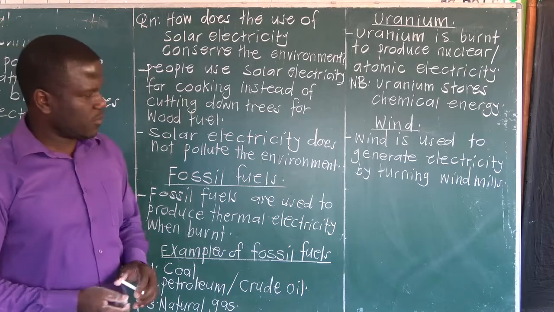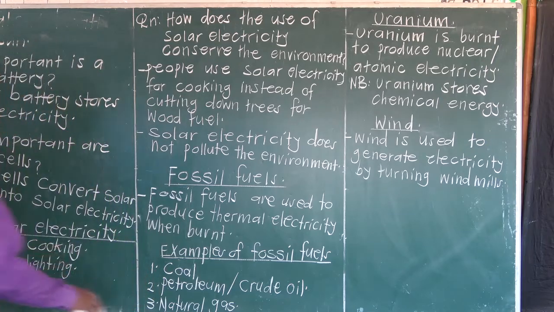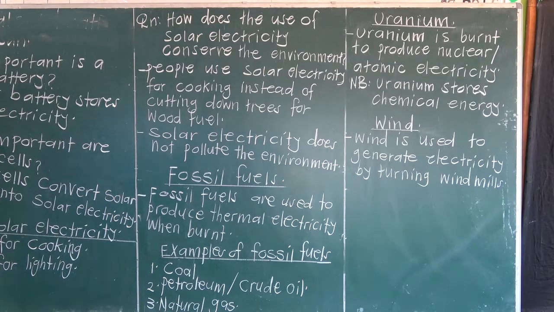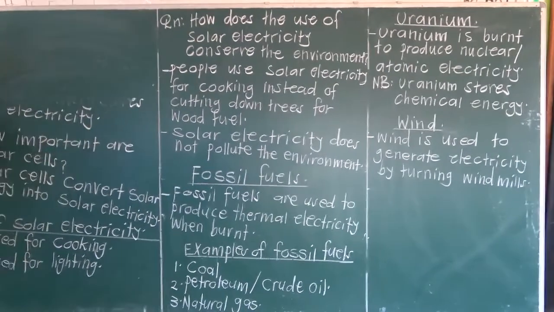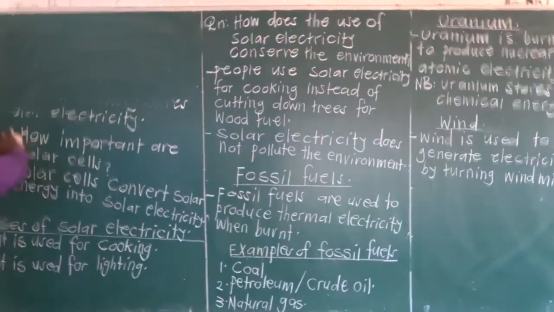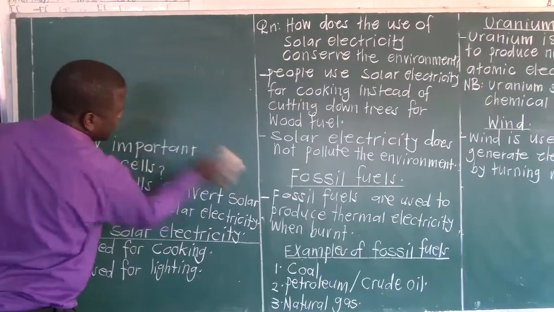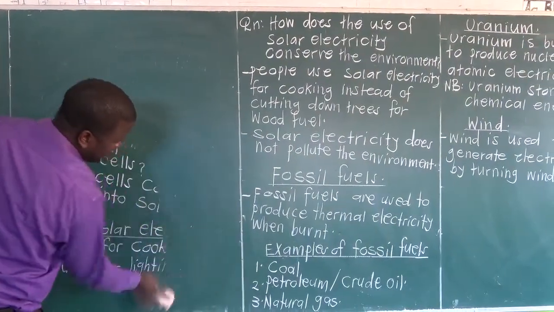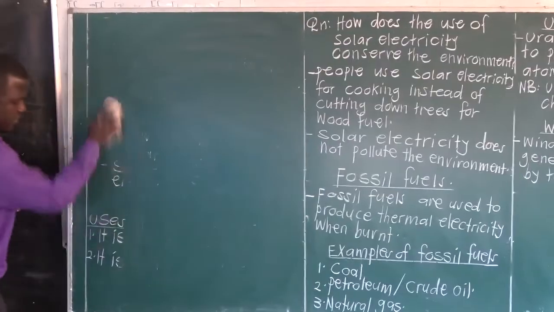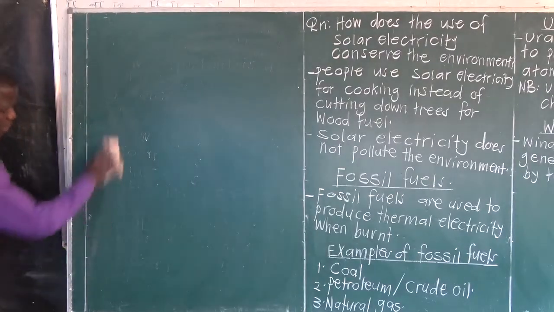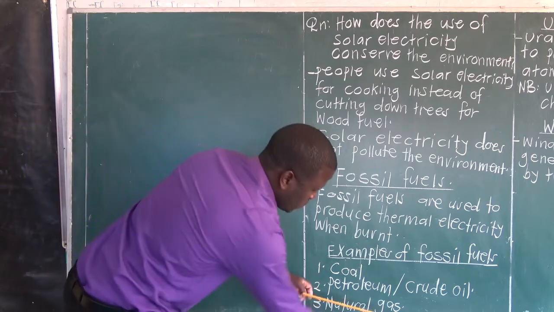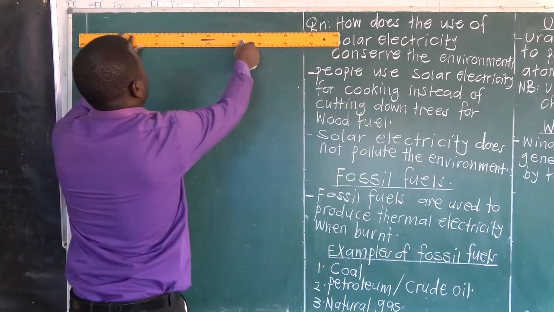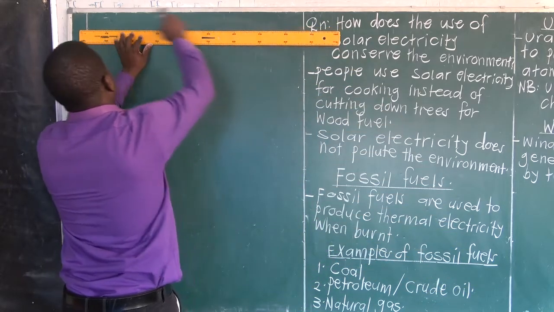Next, we look at types of electricity. We are now done looking at sources of electricity. Our next lesson is on types of electricity. We have majorly two types of electricity. Only two.